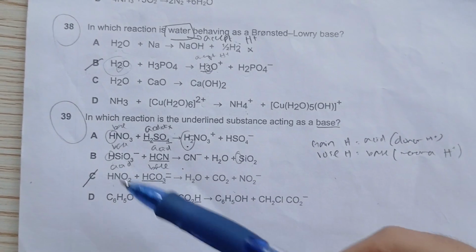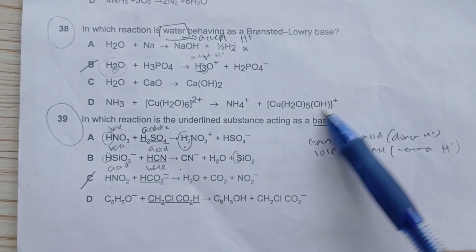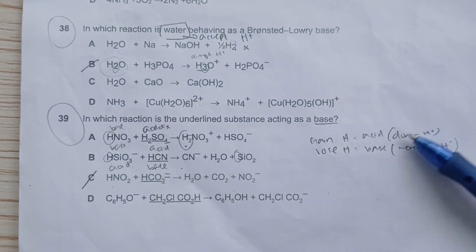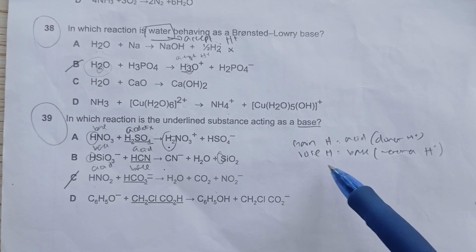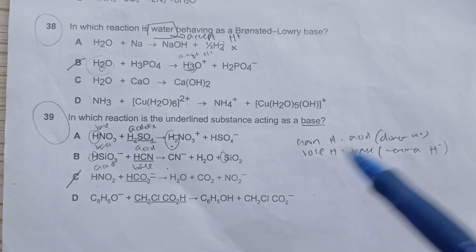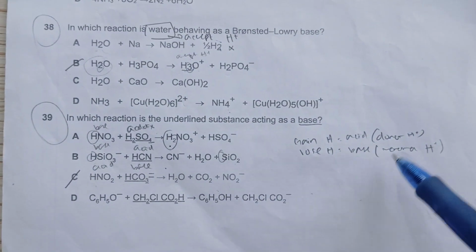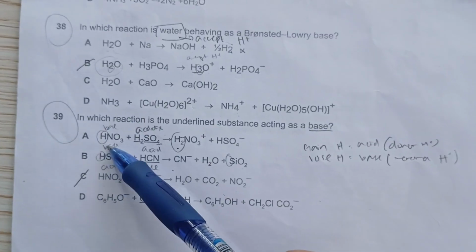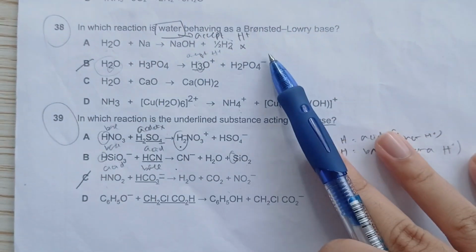The next question is, in which reaction is the underlined substance acting as a base? I already told you. A base means it accepts H+, and a substance that donates H+ is the acid. So there is HNO3 in here and H2NO3+ on this side.